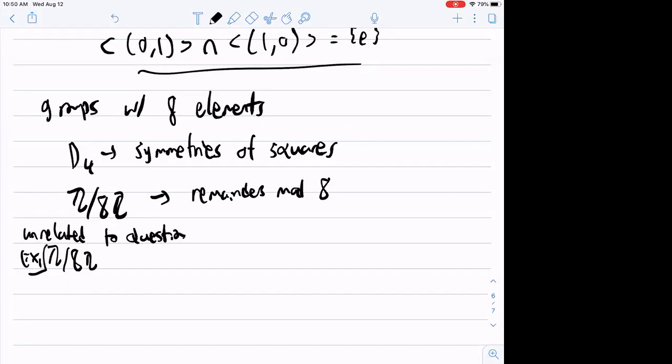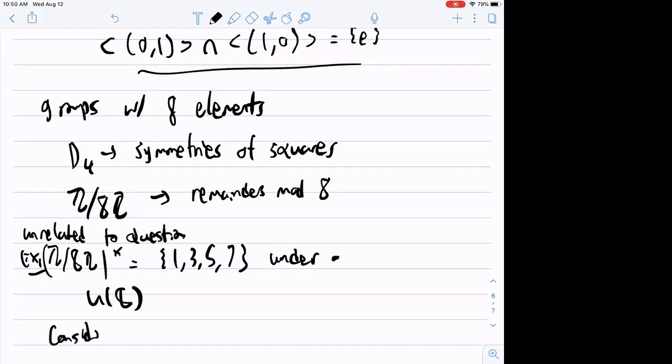If you do Z mod 8Z cross, this means the set 1, 3, 5, 7 under multiplication. These form a group. They call this U8. So consider U16. This has 8 elements. Now the only thing left for you to do in the homework is argue why these three groups are different.